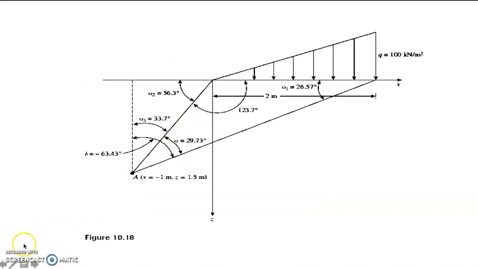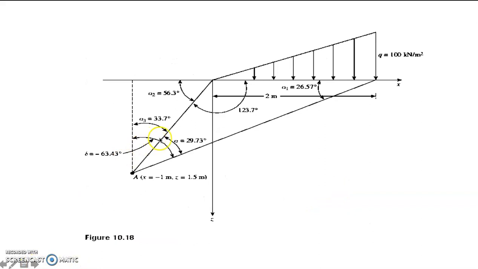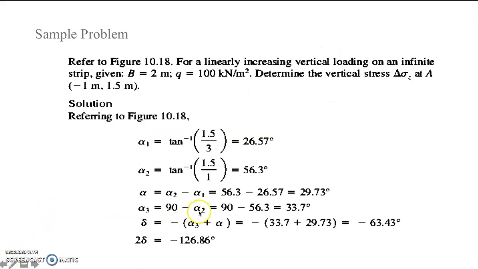We simply subtract 56.3 degrees minus 26.57, which gives us 29.73 degrees. So this is now our alpha.